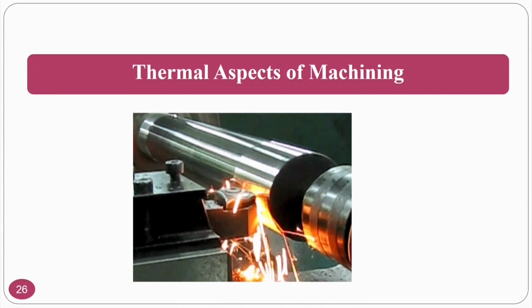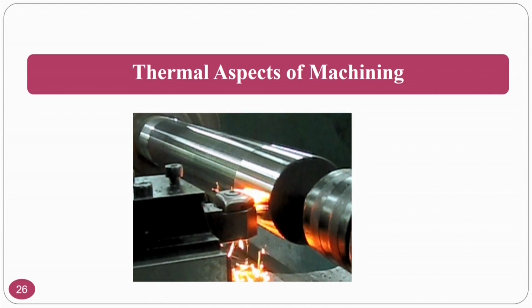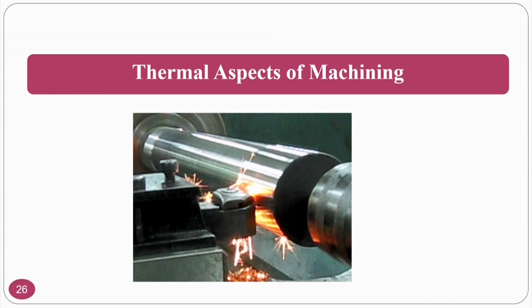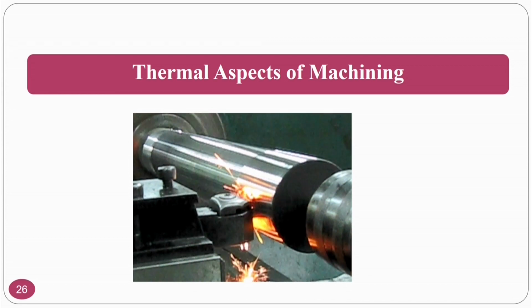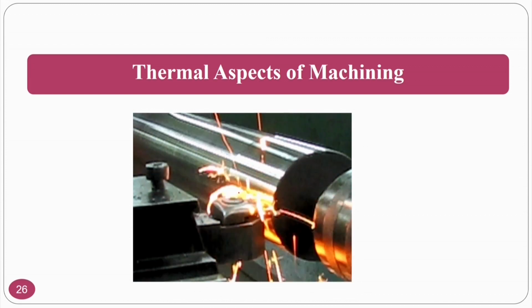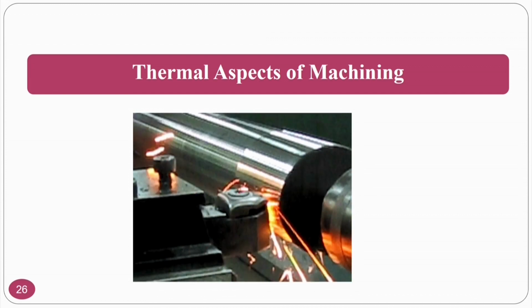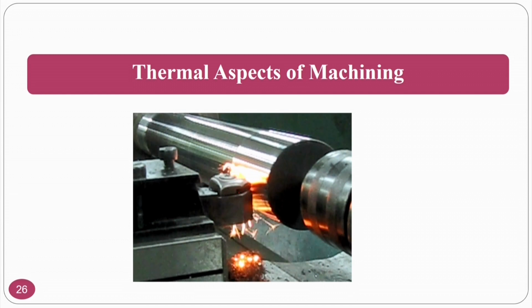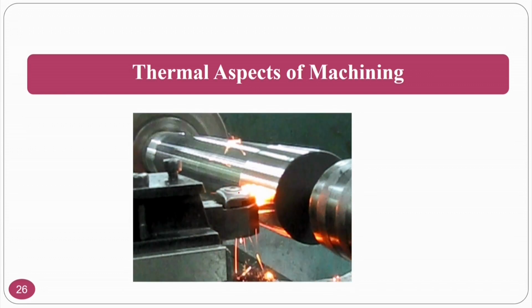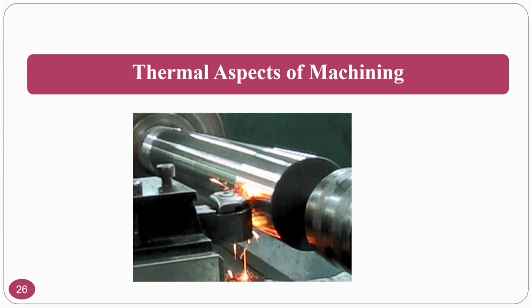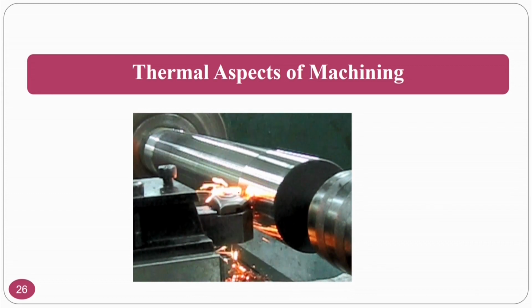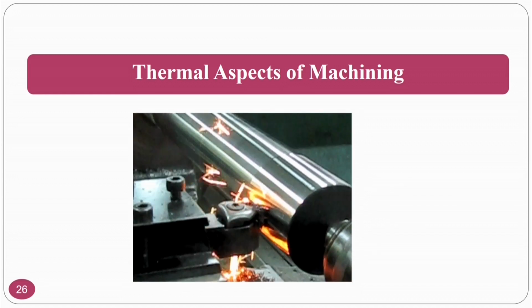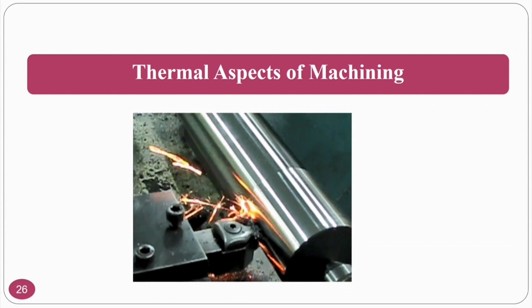So you can understand how much heat is generated, what thermal aspects are going on during the machining operation. If you see the chip, the red chip is accumulating there. Okay, in this area you clearly see the chips accumulating in the machining region, which are very red hot chips. So the thermal aspects play a major role. Now you can see that the continuous chip in red color is accumulating there and going off after some time. So now you can understand what the temperature generation is, how the heat is affected there, and all those things.